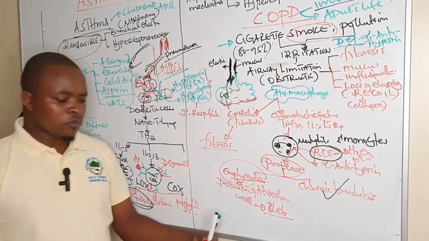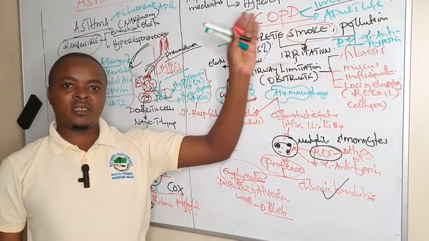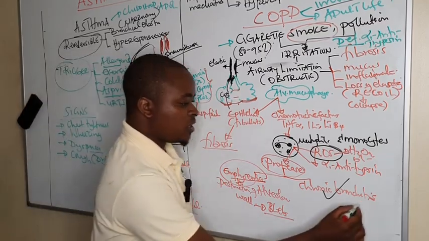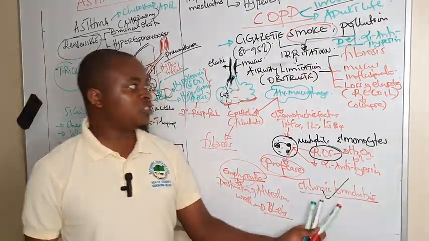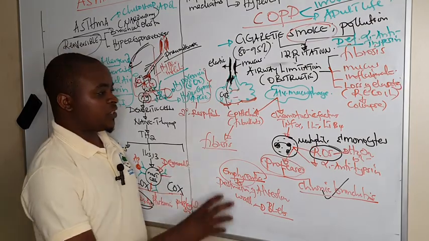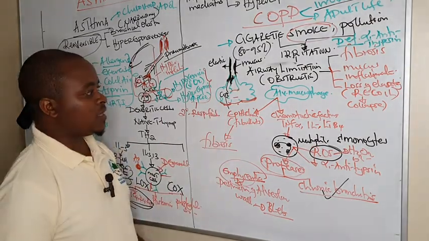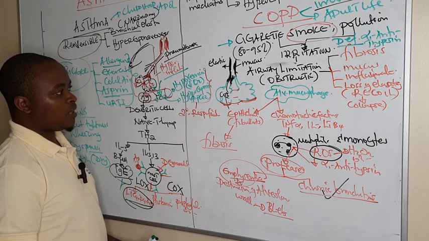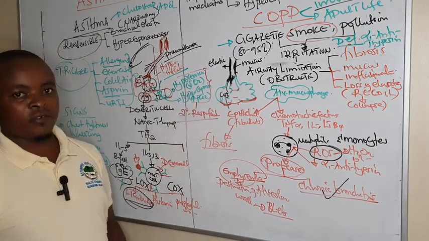So we are saying that COPD has two conditions, that is emphysema and chronic bronchitis. Bronchitis, if the inflammation is within the bronchioles, then emphysema, if there is destruction of the alveolar walls. So when they are destroyed, they can still result in hypoxemia and hypercapnia, which can result in secondary respiratory failure.